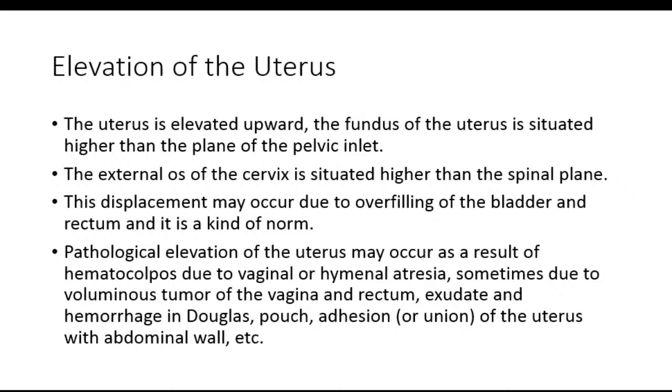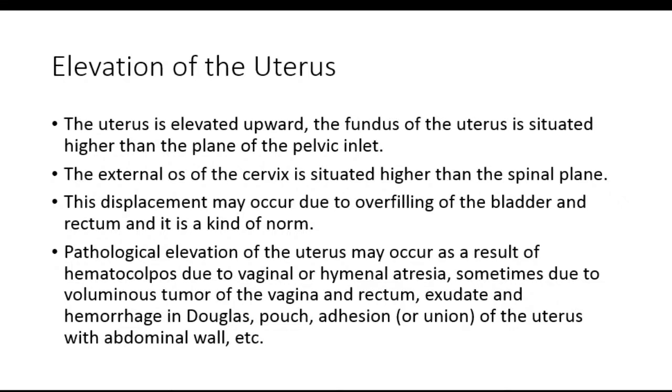Pathological elevations of the uterus may occur as a result of hematocolpos due to imperforate hymen, as we described before, hymenal atresia, sometimes due to tumors in the vagina and tumors in the rectum. Sometimes the uterus is elevated because of fluid collected inside the pelvis, for example, in cases of intraperitoneal hemorrhage.